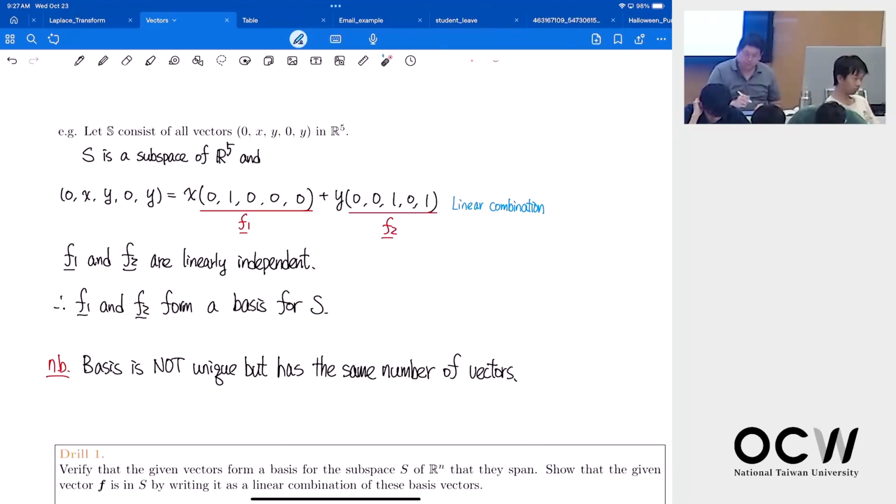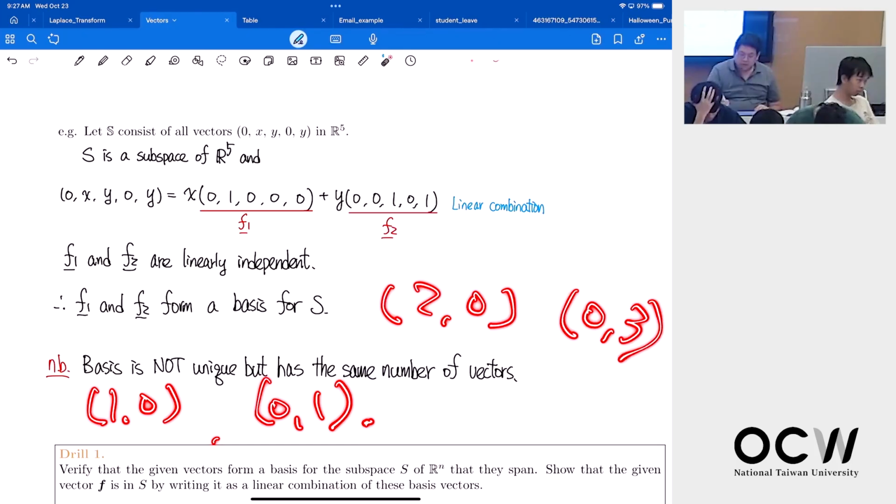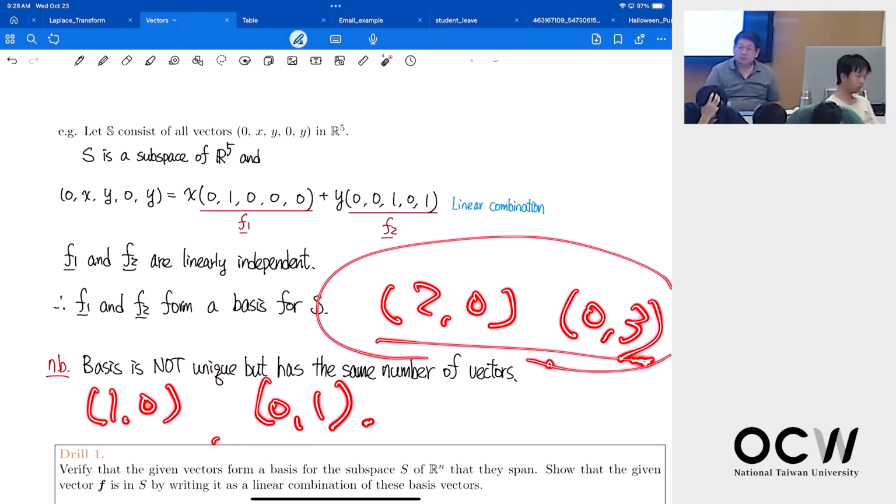For example, we know that in R2, (1, 0) and (0, 1) will be the basis, right? But I can also say that (2, 0) and (0, 3) will also be a basis, because every vector in R2 can be written as a linear combination of these. And these two are linearly independent, right?